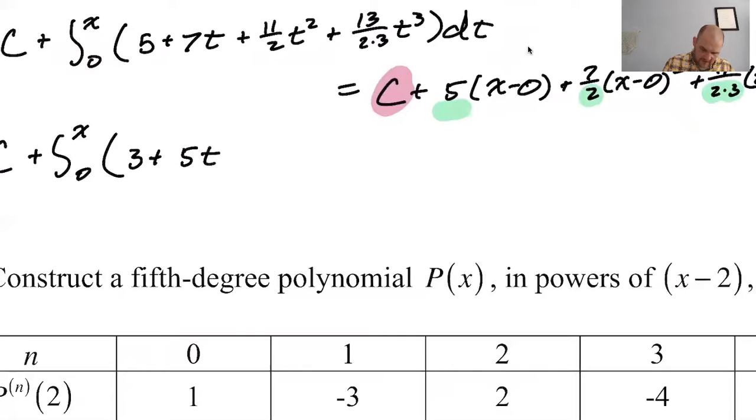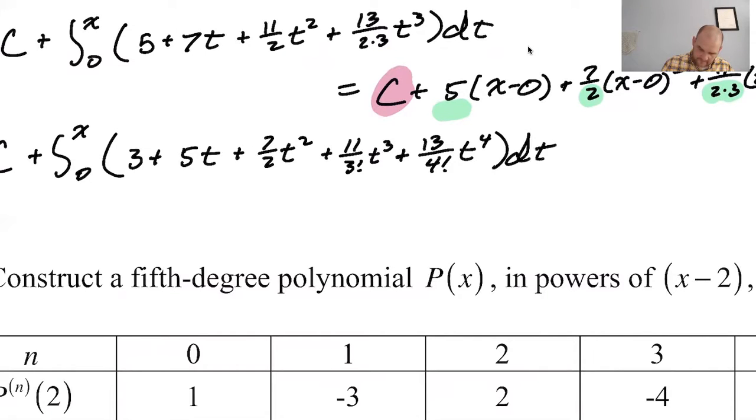So we get 5t, 7 halves t squared. So basically what I'm doing is just kind of integrating each of these as I go. I am going to use factorials here though. So this is going to be plus 11 over 3 factorial t cubed plus 13 over 4 factorial t to the 4th, and then dt.